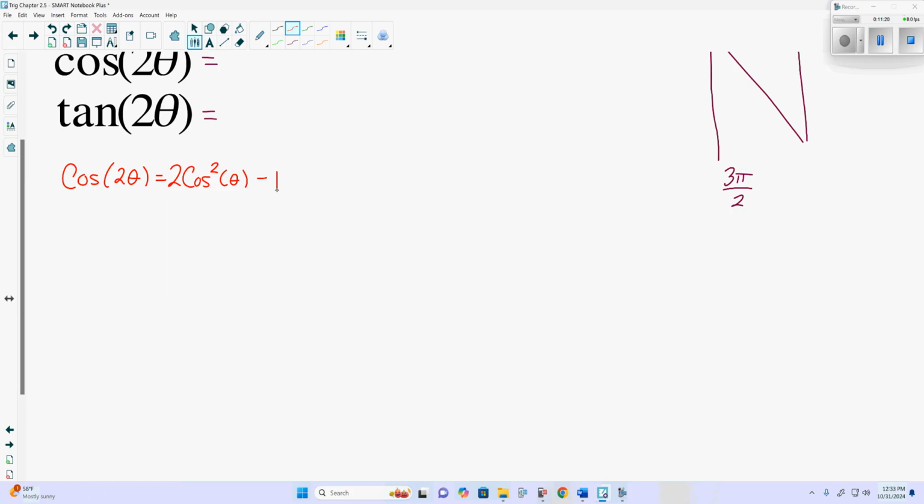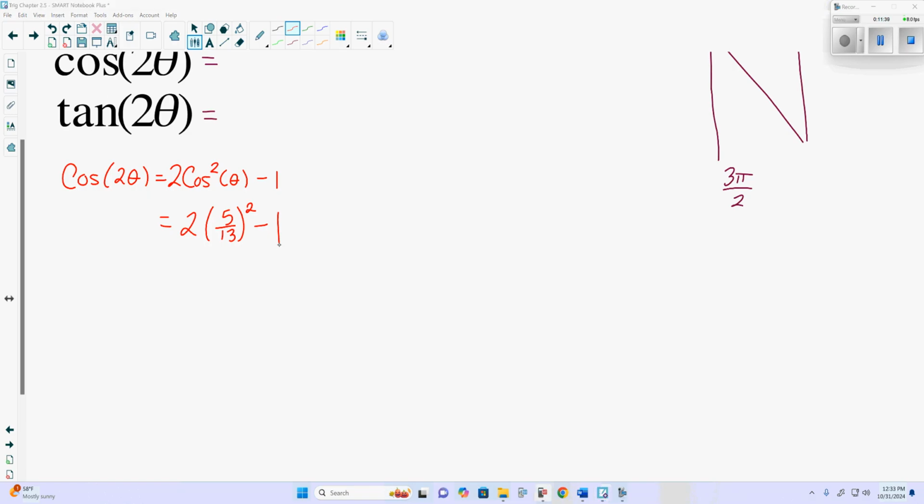And since we already know that cosine is 5/13, we can say that this is 2 times 5/13 squared minus 1. Because we already know the value of cosine, we can plug this in.